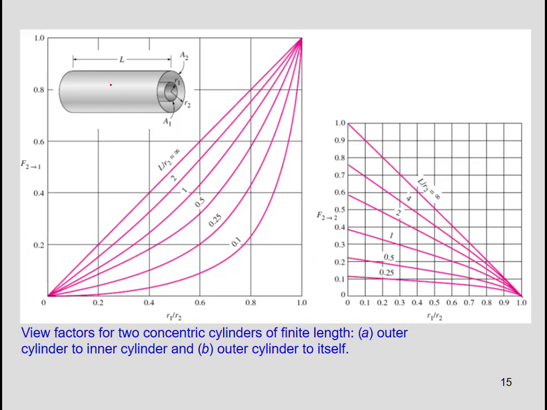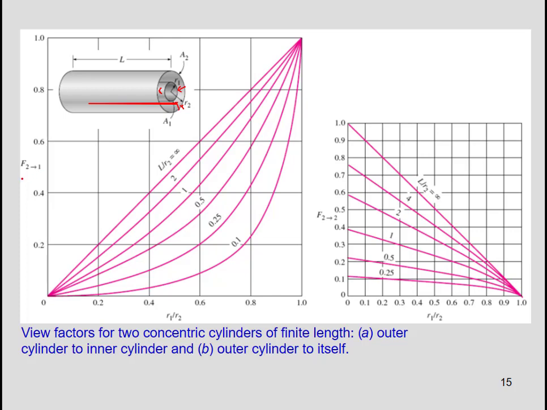And also this is for 2 concentric cylinders with finite length, as you can see here. The view factor from surface 2, the outer surface, to surface 1, this one: the radiation from this surface to this one is dependent on the view factor.